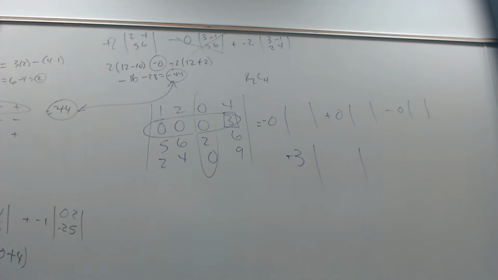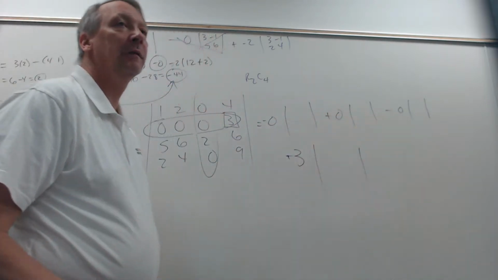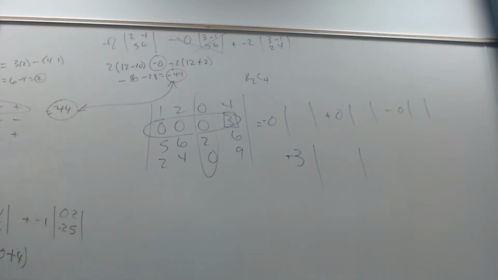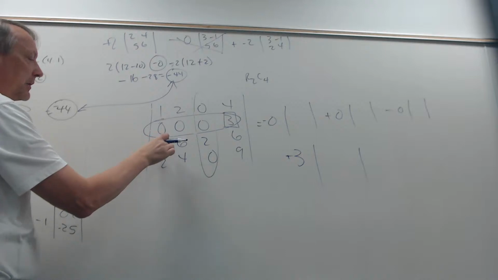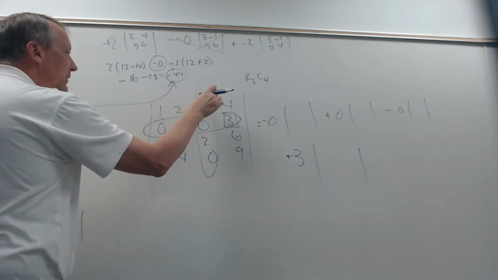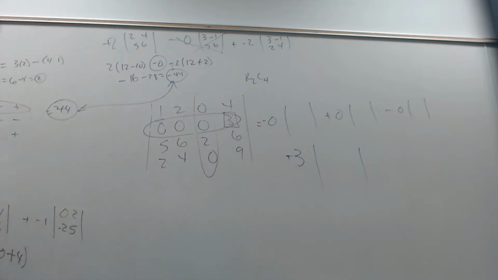If it were in column 3, it'd be an odd number and it would be negative. And the other thing to remember is the signs always alternate, starting with positive: positive, negative, positive, negative; negative, positive, negative, positive.